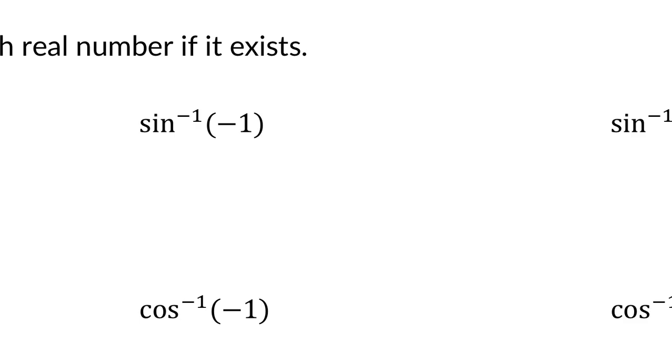Here's the deal. Remember, we're not allowed to use the back two quadrants right now. And to get to 3 pi over 2, I'd be going through those quadrants to get there. You're not allowed to do that anymore. So instead, the only way to get down here is to go negative pi over 2. So negative pi over 2 is the answer, or if you're using degrees, negative 90 degrees.